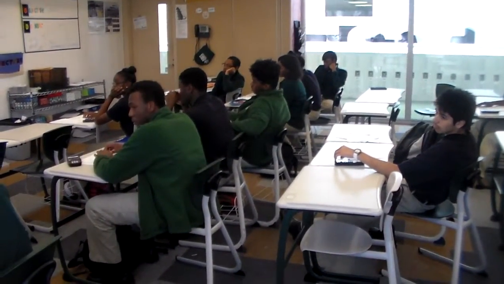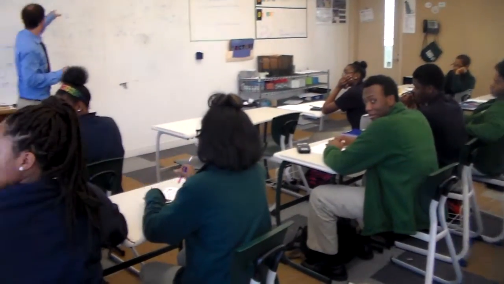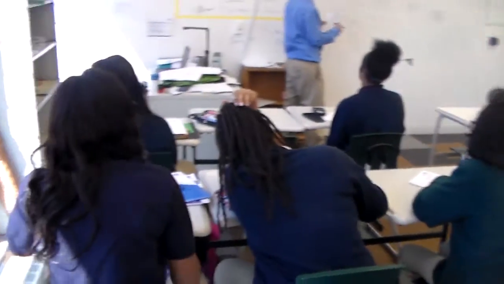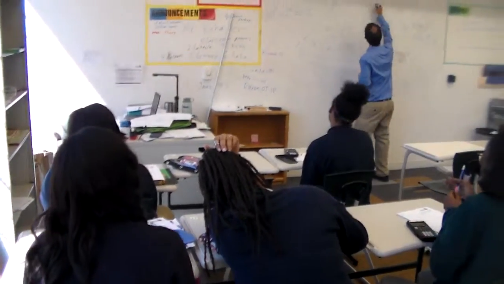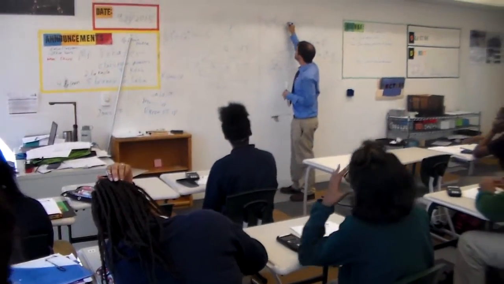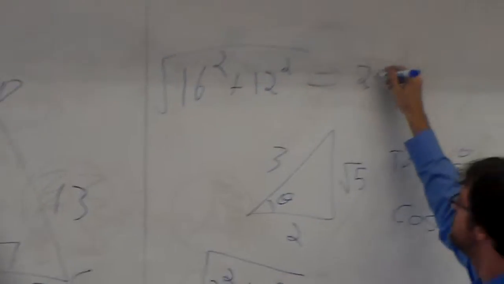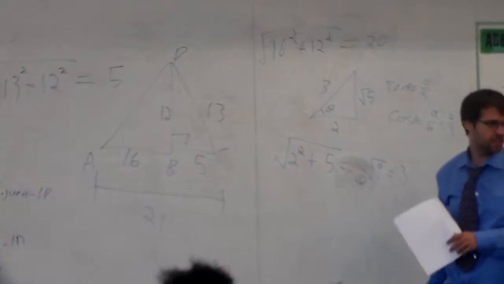Yeah, you do the Pythagorean theorem and you get 400, then you square root it and you get 20. Yep. So you do 16 squared plus 12 squared. Square root is going to be equal to what? 20. Equal to 20. Right. So that's your answer. That's number 4.